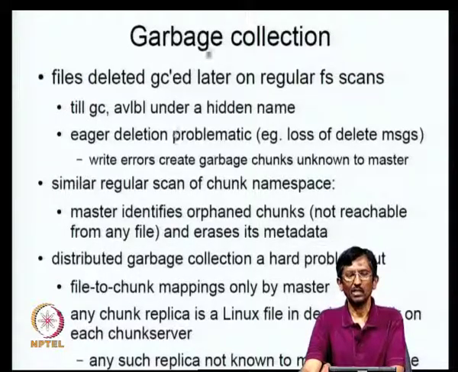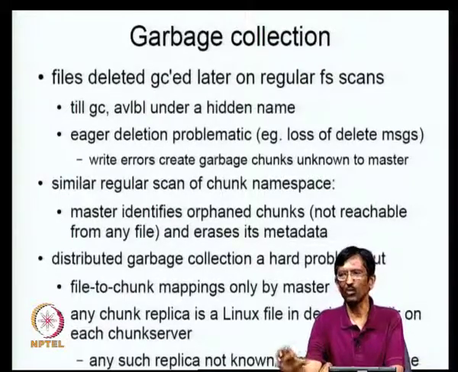So in their design, it turns out a very hard problem called distributed garbage collection is solved in a simpler manner. Basically, because the file to chunk mappings are kept only by the master. Okay. It is in memory actually. As we discussed earlier, the master is responsible for all the chunks that are there, and the chunk to file mappings are kept in memory by the master, because once the chunk server comes online, it sends all the mappings, and then the master keeps a consolidated list of all the file to chunk mappings.